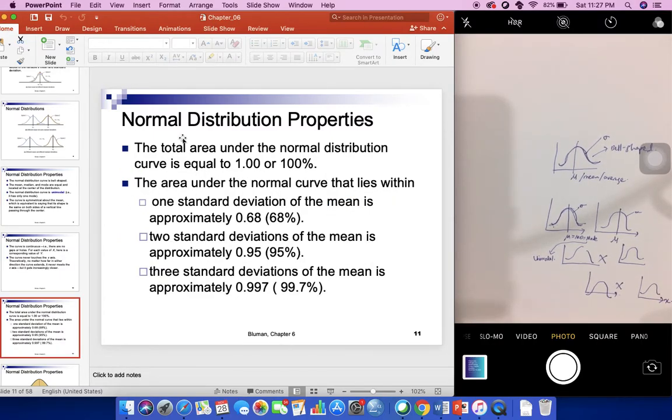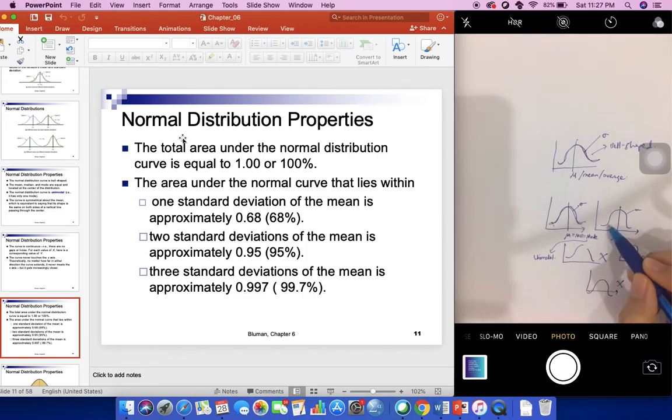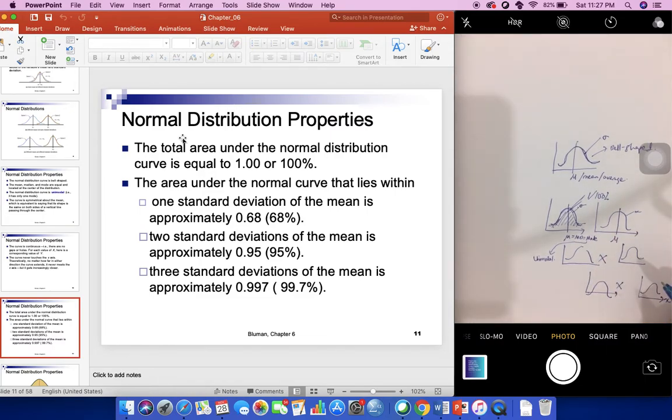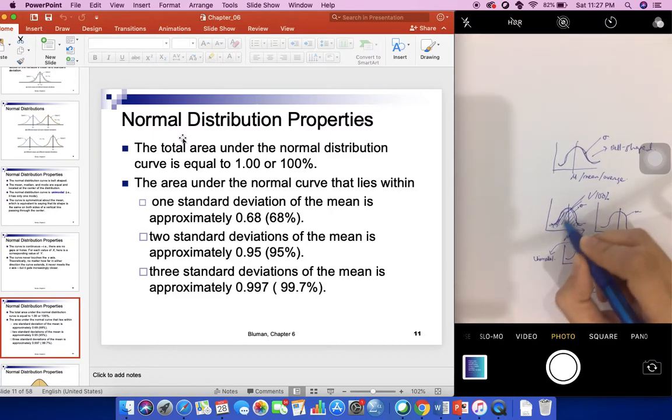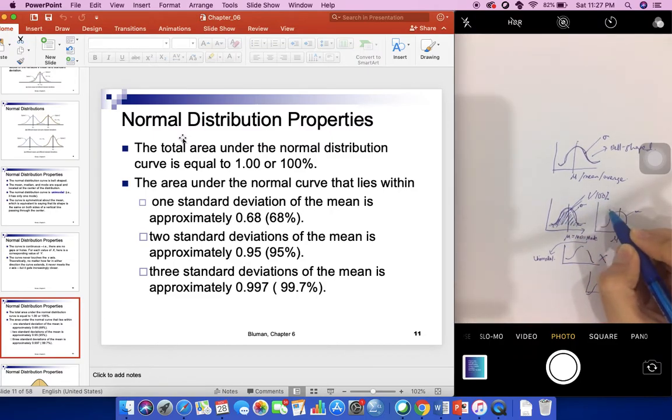The total area under the normal distribution curve must equal 1 or 100%.